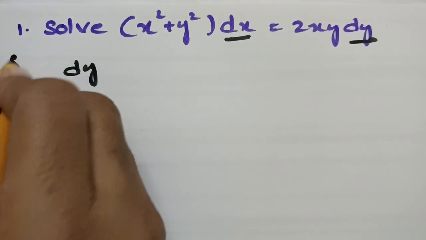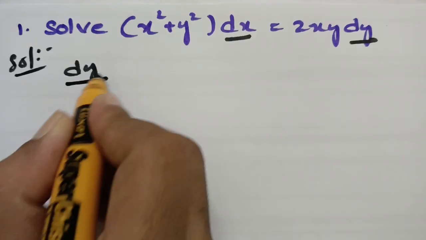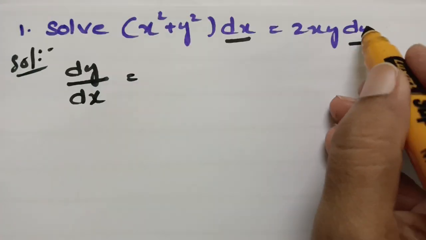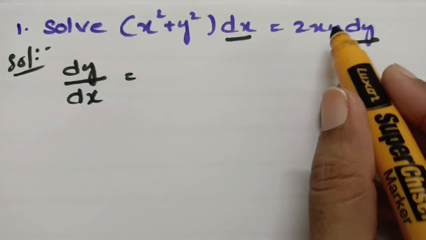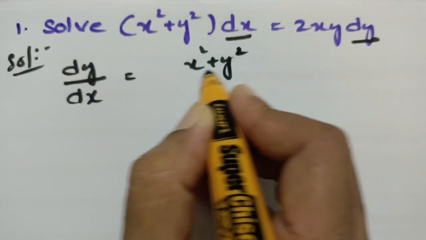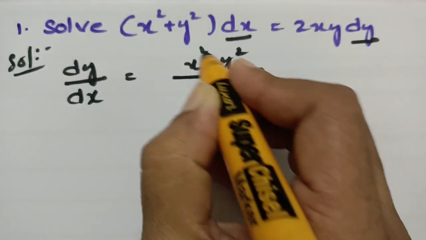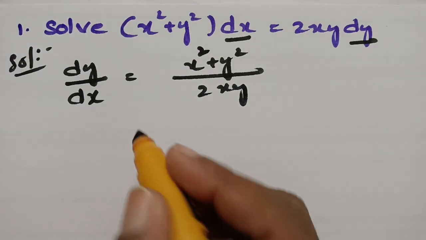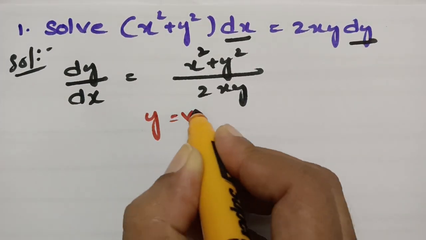Therefore, in the solution, I am considering the dy by dx value as dy, and I am sending this dx down, and therefore 2xy to this side. So dy by dx is (x square plus y square) by 2xy, as usual. For every homogeneous differential equation, I'll put y is equal to vx.